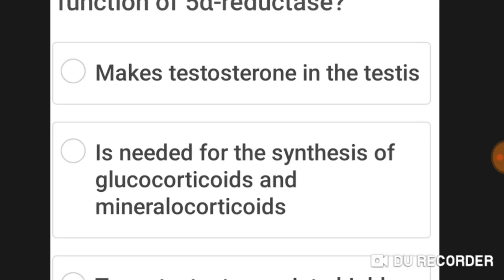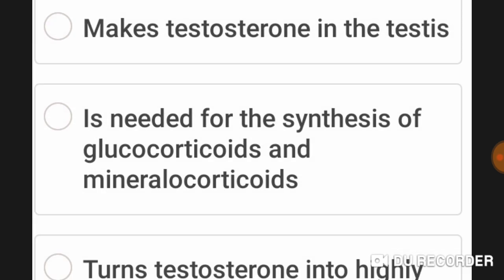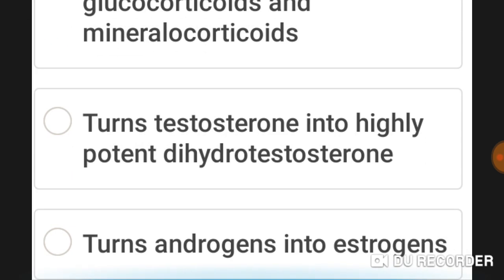Let's discuss more MCQ. A predominantly male patient mentions that his childhood sexual development was a bit turbulent because of 5-alpha reductase deficiency. What is the function of 5-alpha reductase? It turns testosterone into highly potent dihydrotestosterone.